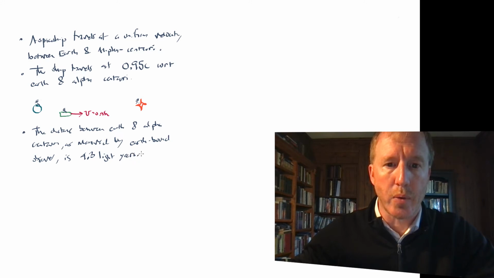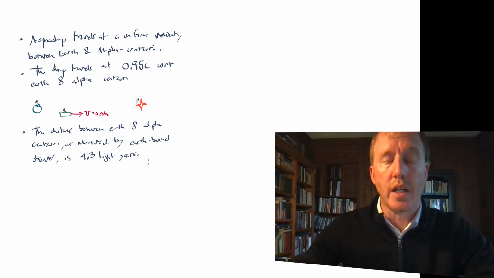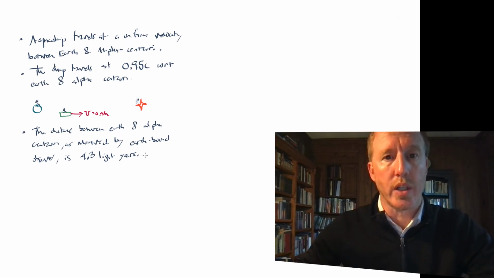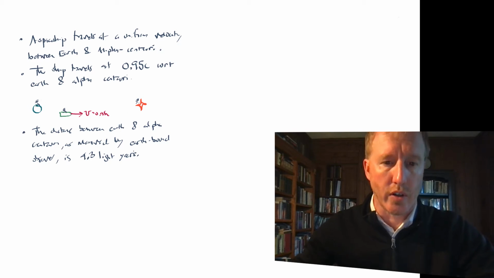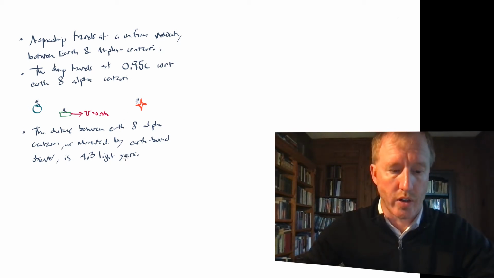If you're not familiar with a light year, it's a measure of distance. It's basically how far light will travel in 1 year. So if you shoot a light beam from Earth to alpha-centauri, it would take 4.3 years for the light to get there, as measured by the people on the Earth and on alpha-centauri.